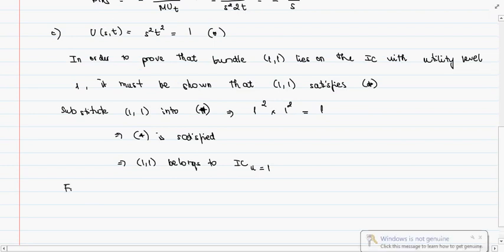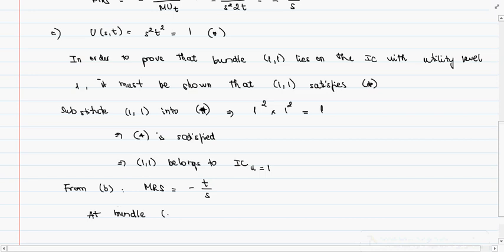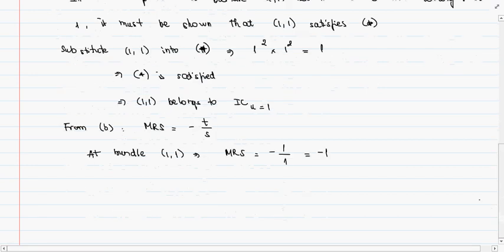From the previous part, from B, we have found that the marginal rate of substitution is -t on s. Now at bundle 1 and 1, which is t equal to 1, s equal to 1, then the marginal rate of substitution is -1 on 1, and that will just give us a marginal rate of substitution of -1.